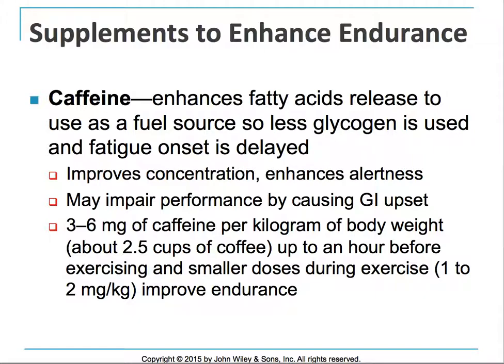So if you're consuming caffeine before or during exercise as a means of enhancing your endurance, it could actually cause GI upset. 3 to 6 milligrams of caffeine per kilogram of body weight, which is the equivalent of about 2.5 cups of regular coffee, up to an hour before exercising, and smaller doses during exercise have been shown to improve endurance.